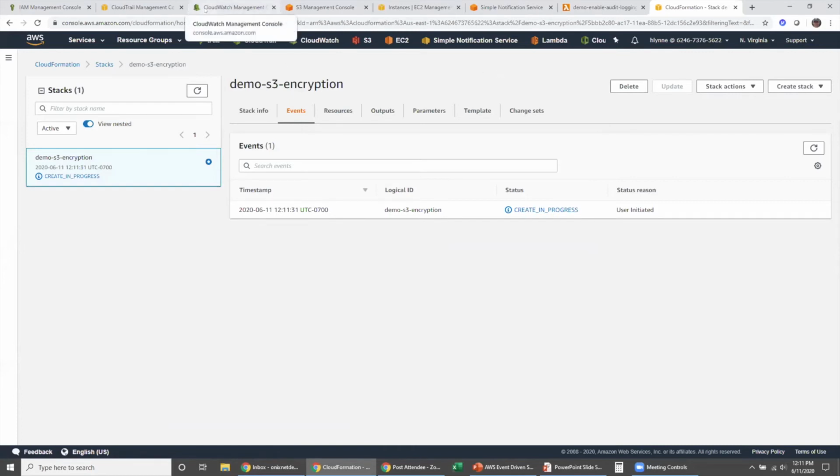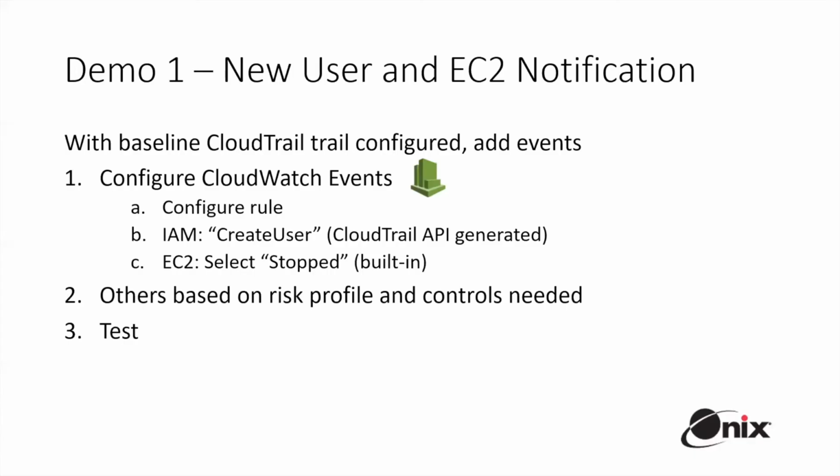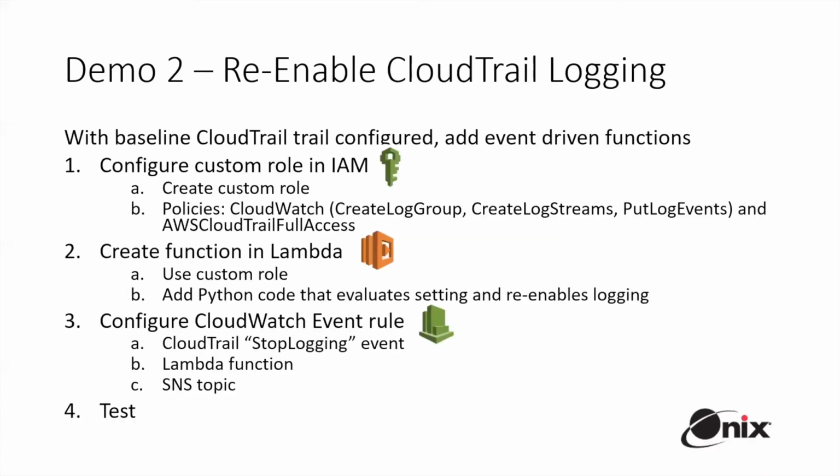Let's do the third demo. So this one, I don't know why that didn't work. It's a good one. I'll have to go back and look. So demo 2 is re-enabling CloudTrail logging if it's disabled. All right, so I've already created some of this just to expedite things. What's happening here is we're going to create a custom role in IAM, and it's going to have policies for CloudWatch and for CloudTrail, okay? So we can turn it back on.